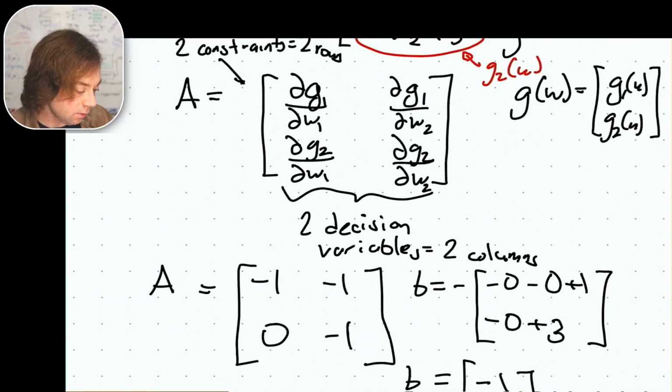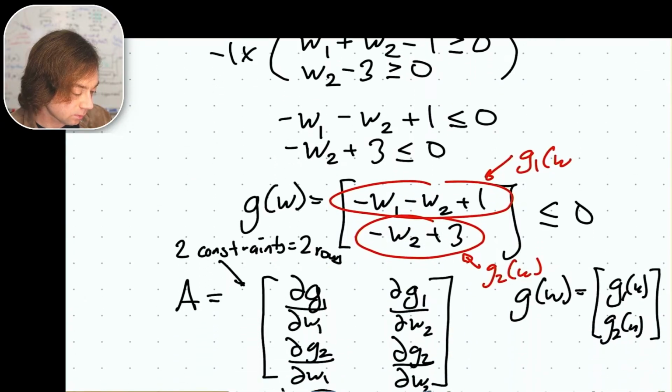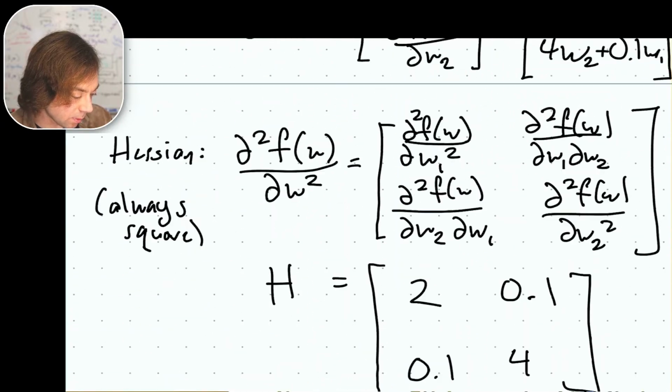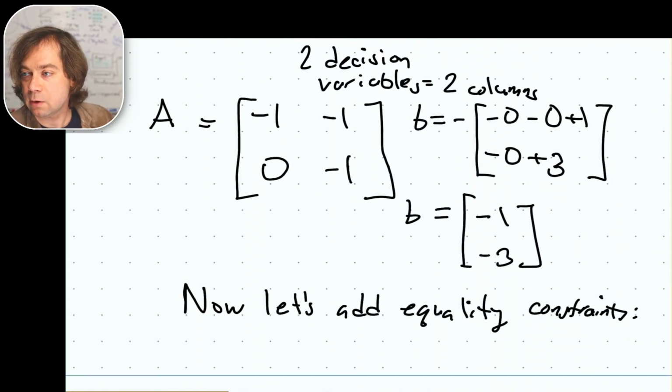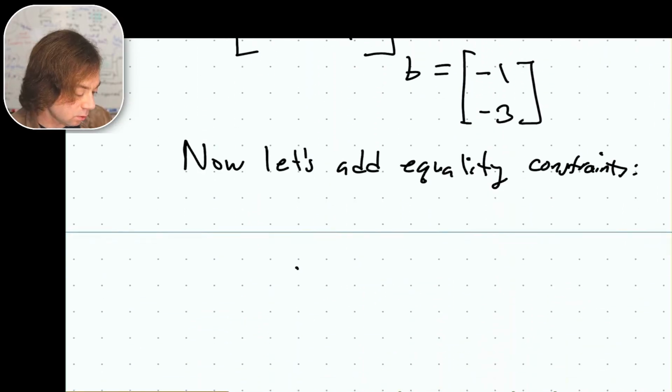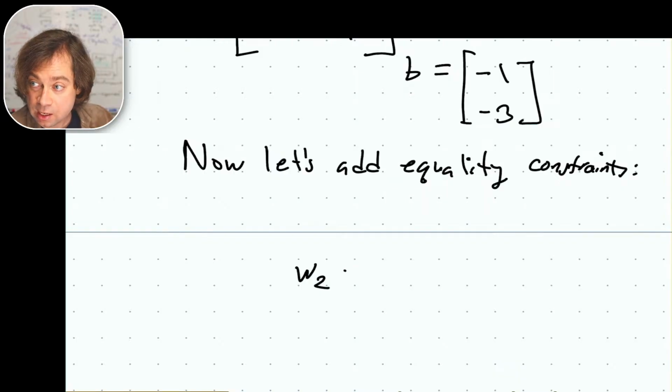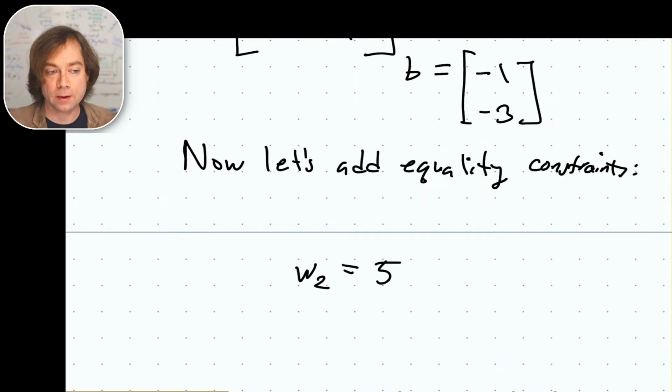So you could say, for instance, I'm just going to scroll up and take a look at my constraints here. Let's just say we knew that we wanted W2 to equal 5. Okay? That is one equality constraint.